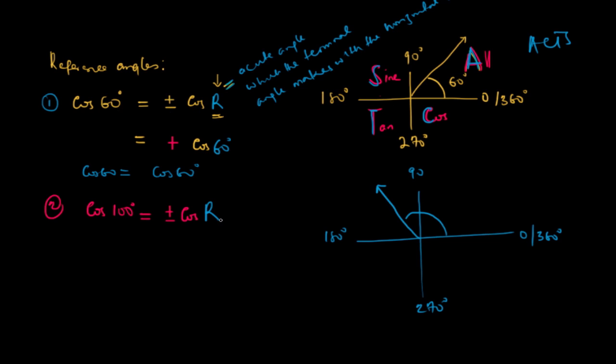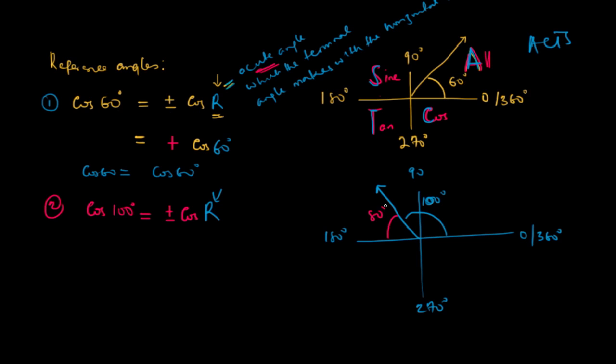My aim is to find the reference angle, which is the angle this line makes with the horizontal axis. There are two angles it makes with the horizontal axis, this one and this one. But we said we choose the acute angle, the smaller one that is less than 90 degrees.